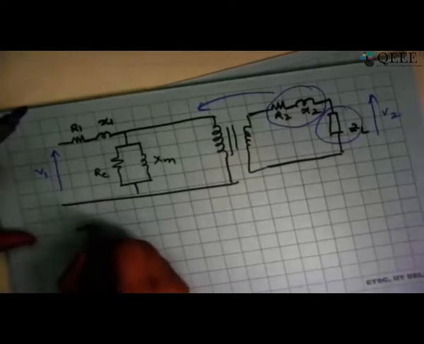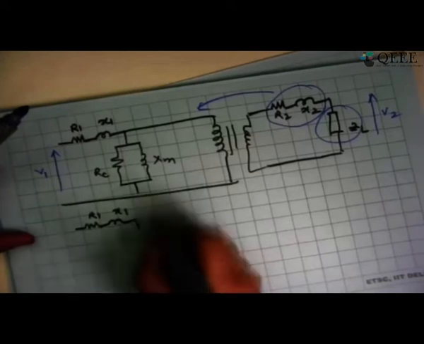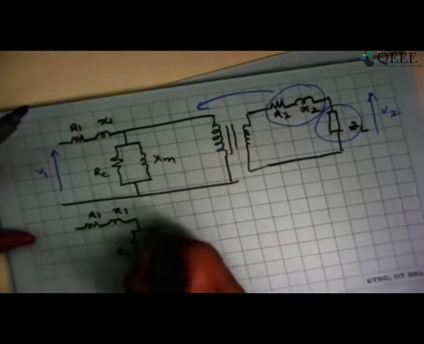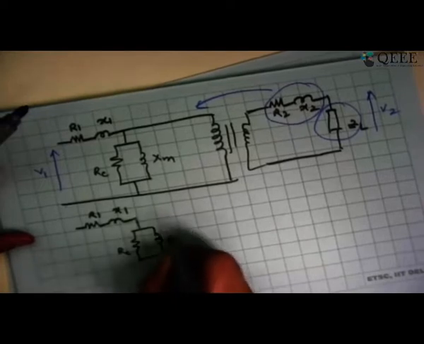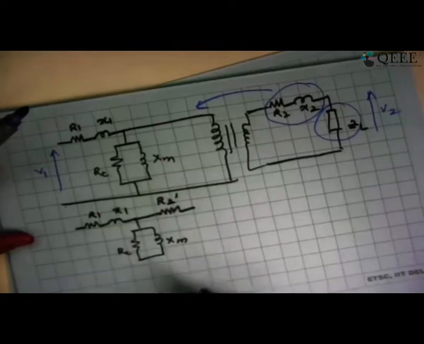Now first of all, what I have to do is I can draw R1 and X1 as it is. And I can draw RC and XM also as it is. No problem. Now I have to take this R2 and I'm going to write that as R2 dash. I am going to take this X2 and I'm going to write that as X2 dash.